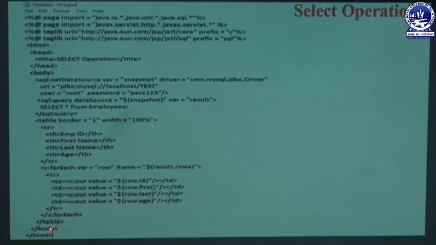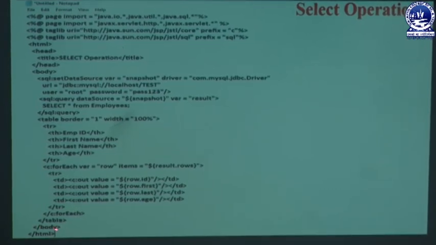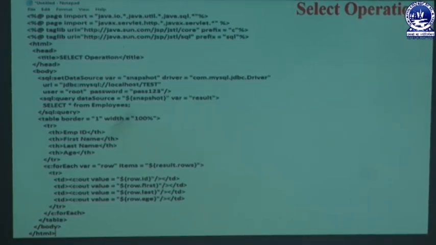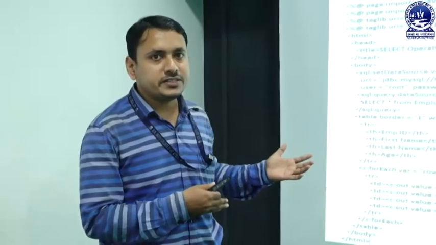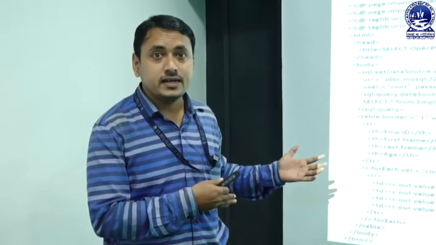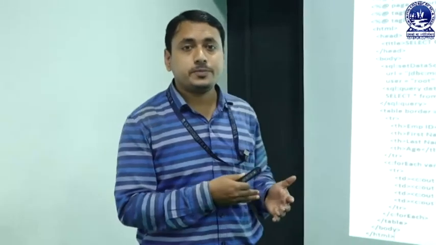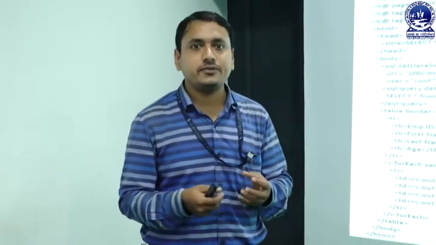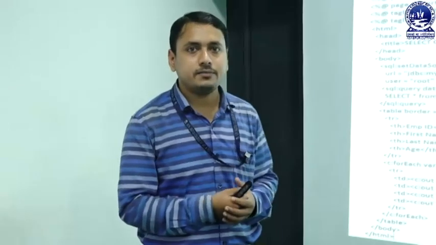And we can finally close that table, then close the body section, then close the HTML tag. It is a general way through which we can write our select operation in our programming part. Through that select operation we can easily retrieve data from our database through the table employees.